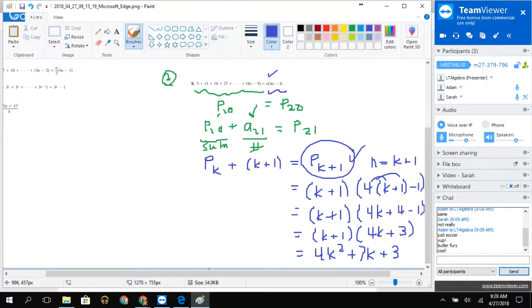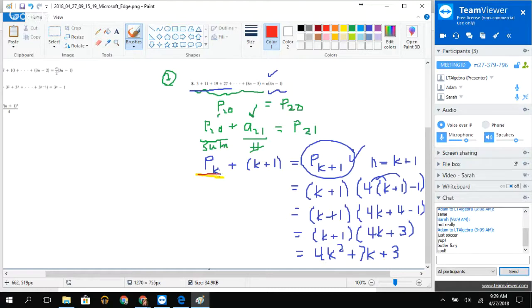All right, so now I want to say, okay, what happens when I use my left side of the equation and I'm actually adding all my numbers together plus the next additional one? Okay, so what that looks like is over here. I'm going to color code that. Not yellow, red. So if I want to look at what is P sub k, that's just the sum of all my numbers, but not that last number that I have.